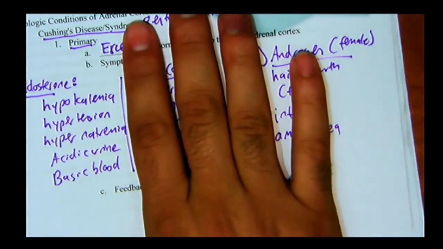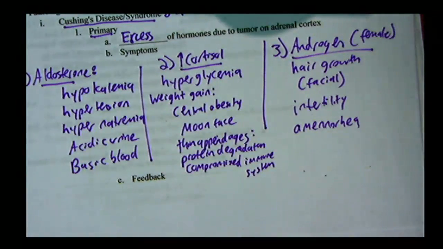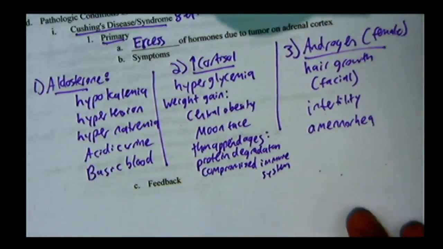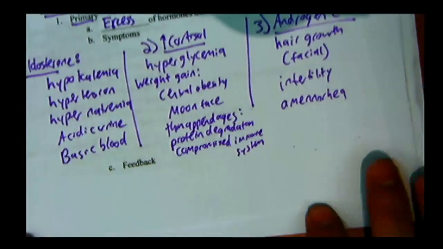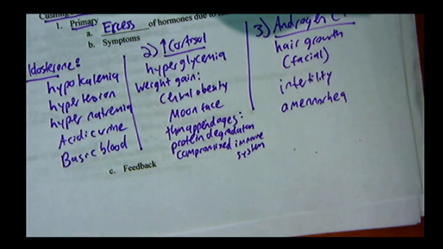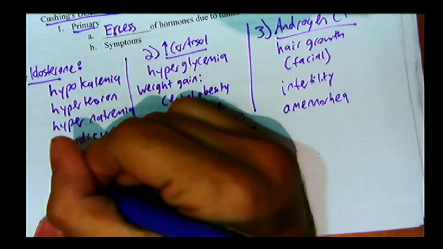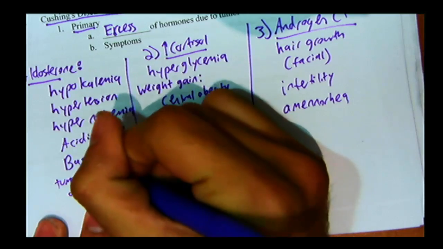All right, so now we have feedback. We're talking about primary, right? So where was the tumor in primary Cushing's? Adrenal cortex. So the adrenal cortex has a tumor. What does it tell your brain to do? If there's an increase in aldosterone, androgen, and cortisol, what does it tell your hypothalamus to do?